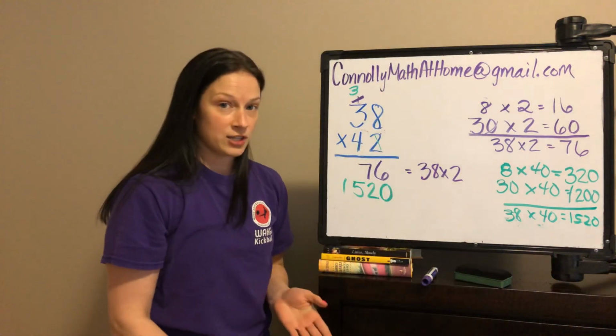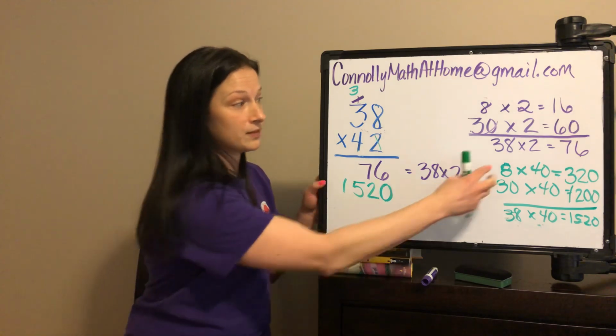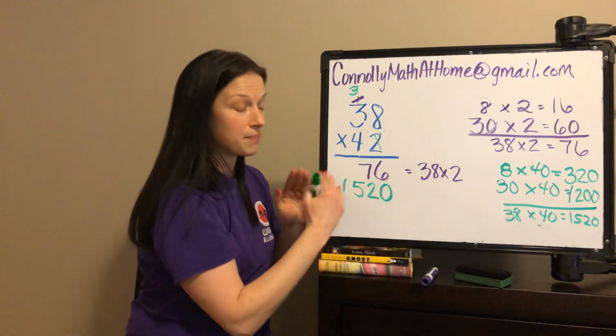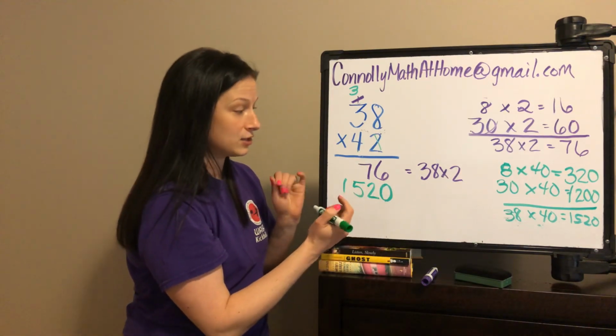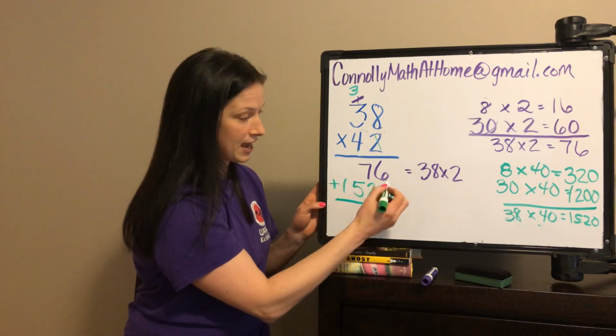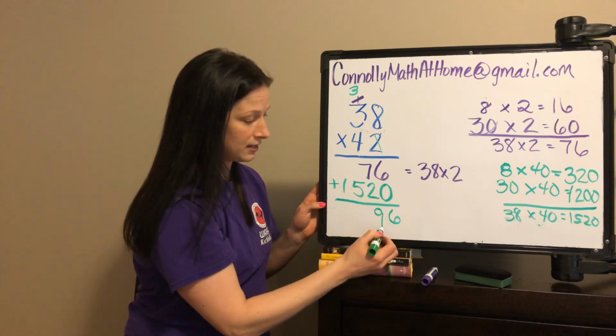Now, in the other strategies that we went over, you know that once you've split up, we kept 38 whole, we split up the 42. Now we combine the 2 subproducts to get the total. So, in the standard algorithm, you're going to add here. So 6 plus 0 is 6, 7 plus 2 is 9.